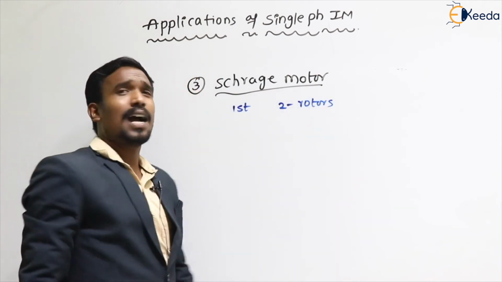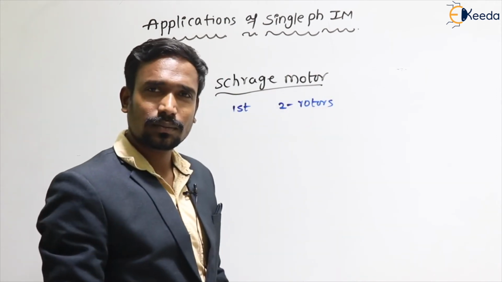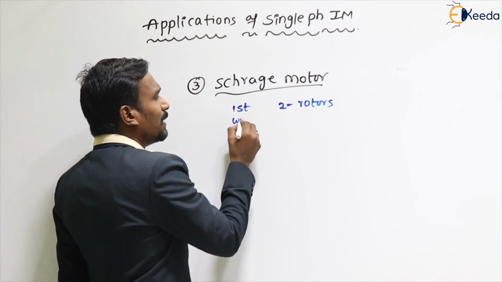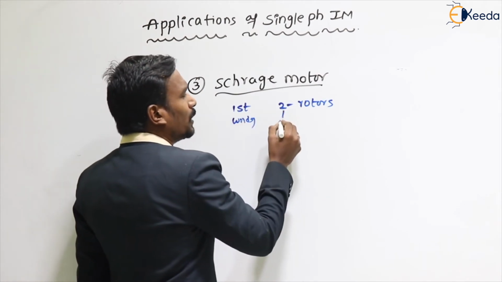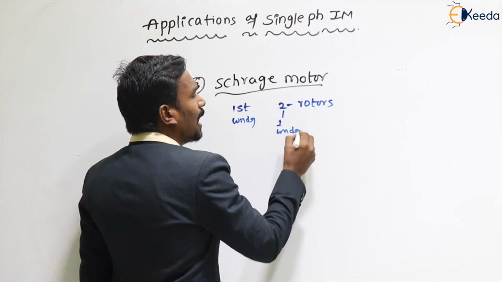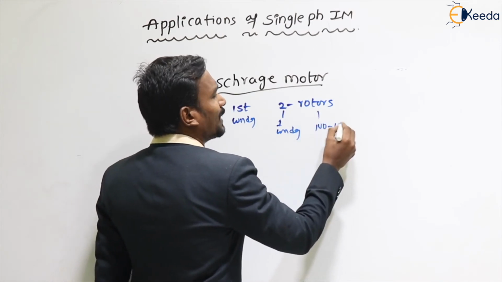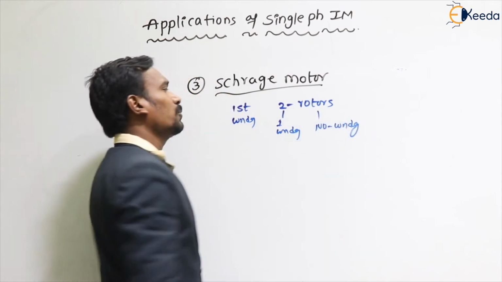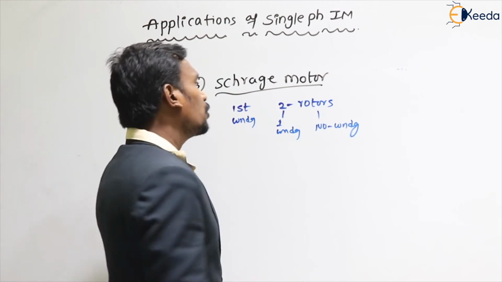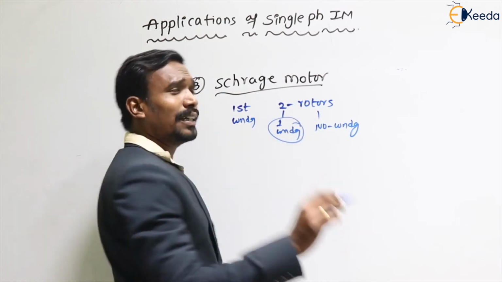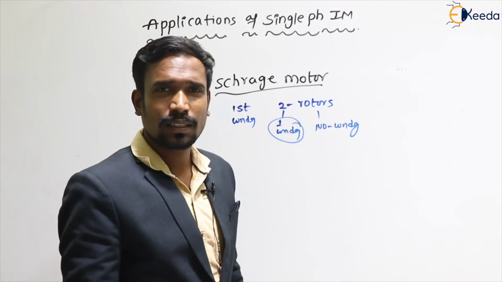One stator has a winding, one rotor has a winding, and the other rotor has no winding. Of the two rotors, one has a winding and the other doesn't have any winding.